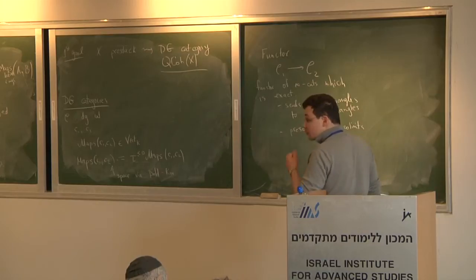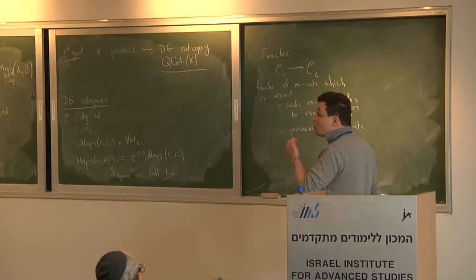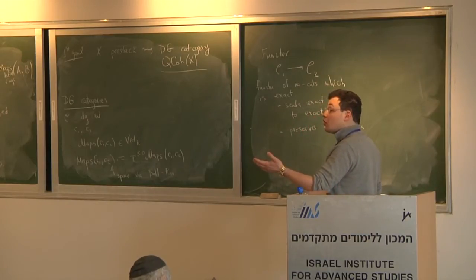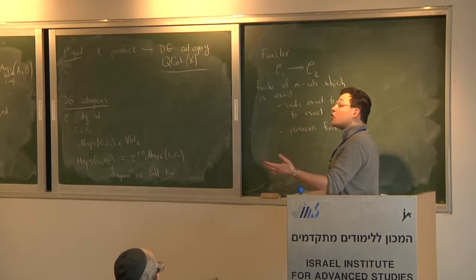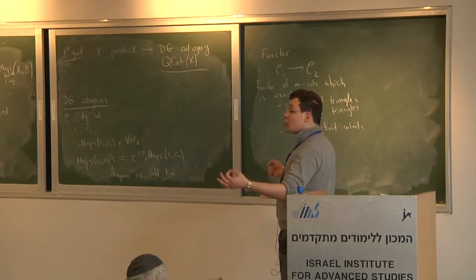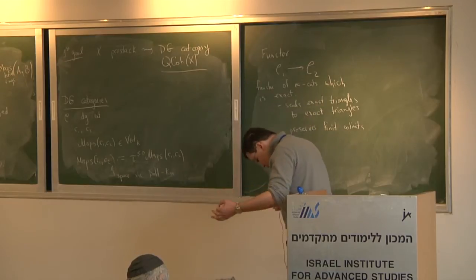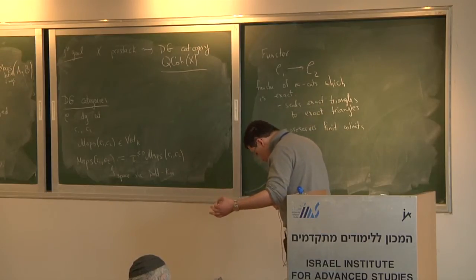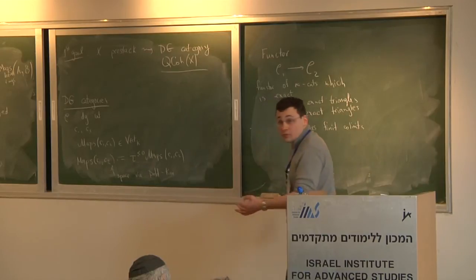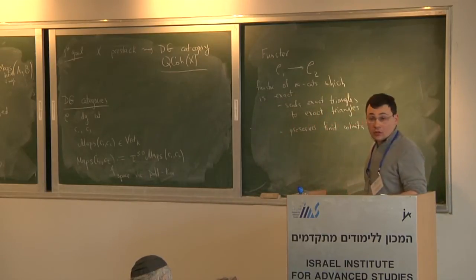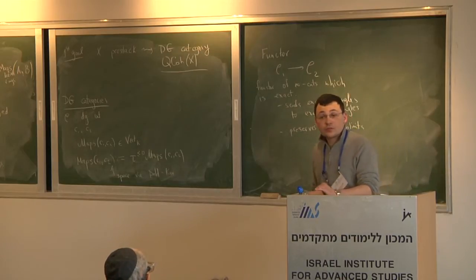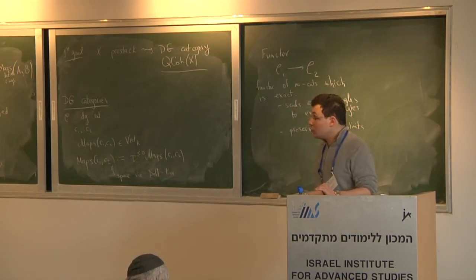Is it the same as a DG functor or not? Well, I don't know what you mean by a DG functor. Just a functor which says that the map between complexes is a map of complexes. No, it's not the same thing, because you need to resolve in general. Strict DG functors in the sense that you said do not have a quasi-inverse, right?